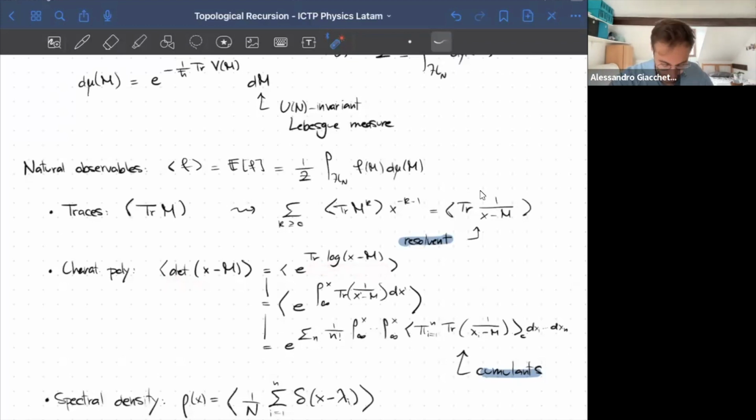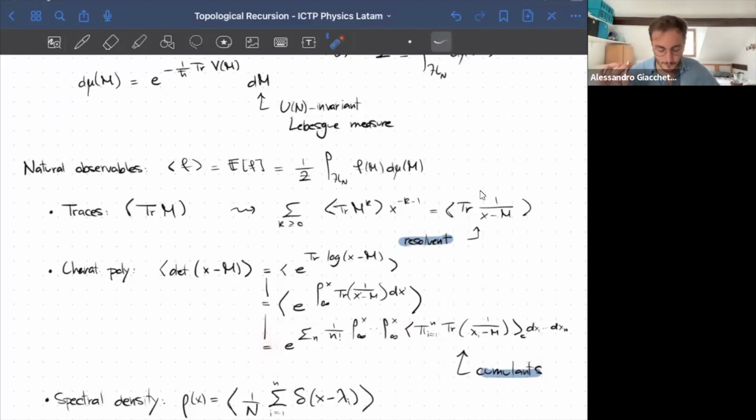And with a bit of manipulation, you can write the log as the integral of 1 over x minus M. If you expand the exponential and you take the expectation value, this is by definition essentially the same as taking the exponential of something known as the cumulants. So if you don't know what the cumulants are, it's not important. This is essentially the definition.